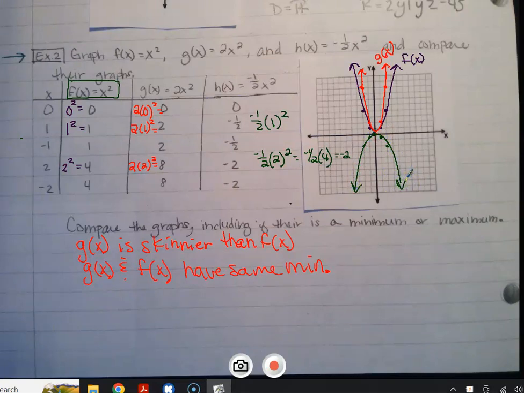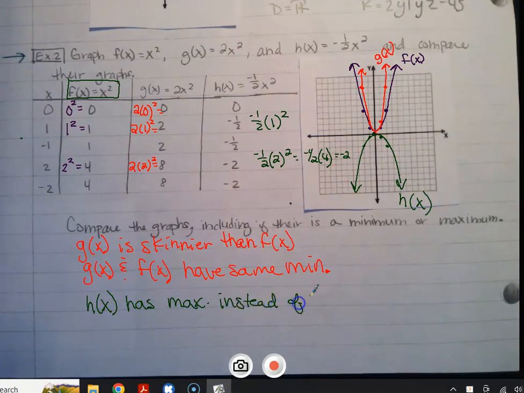So if we're comparing g of x to f of x, or h of x, pardon me, what can we compare with h of x? It's like opposite of f of x, basically. Okay, so how can we describe opposite better? Maximum instead of minimum. Okay, so h of x has a max instead of a min.